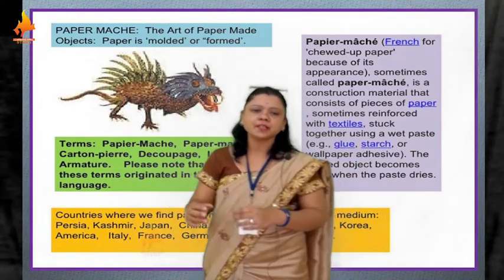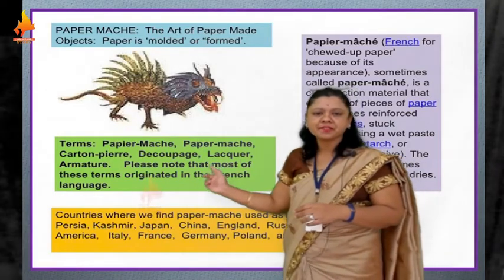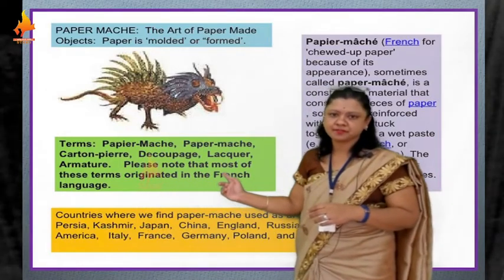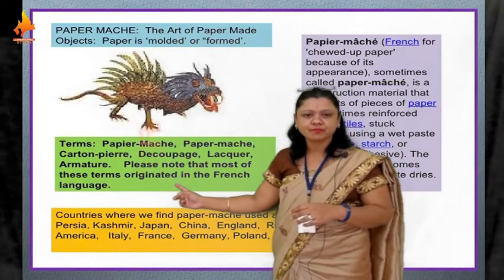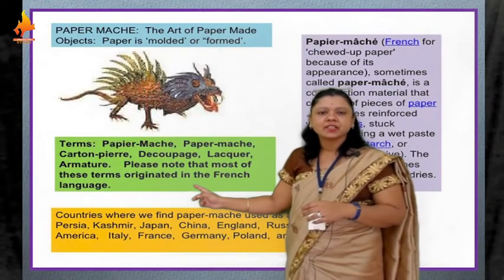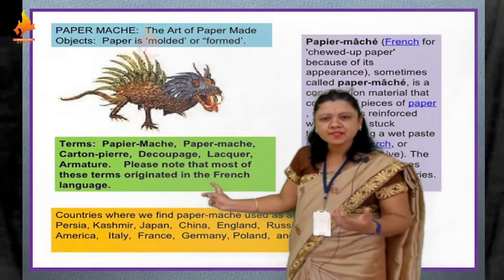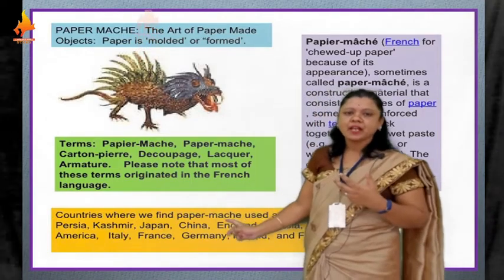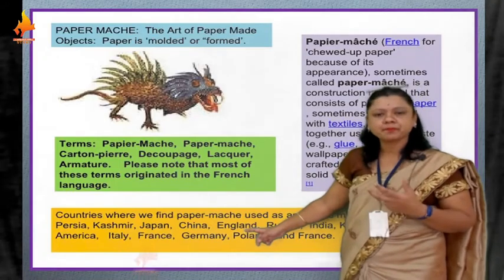If you see here, different names are there, and all these names are in the French language, right? Amateur, slacker, right? These are the names given to the masks in French.